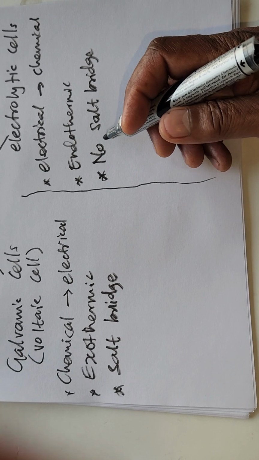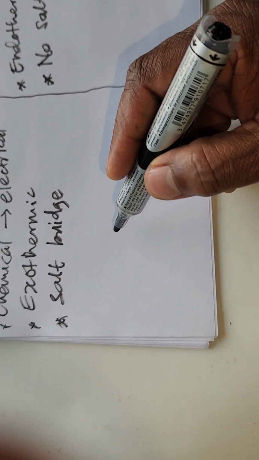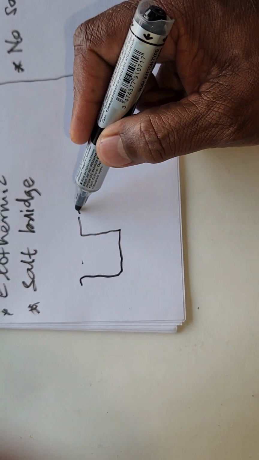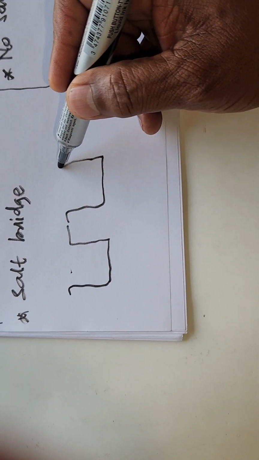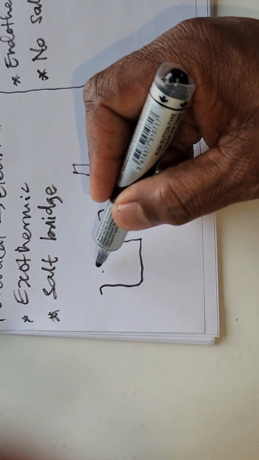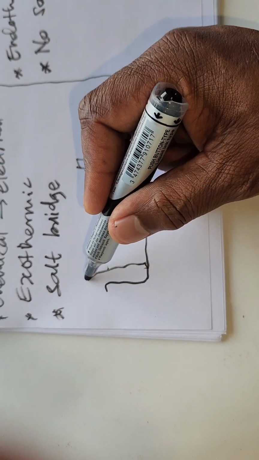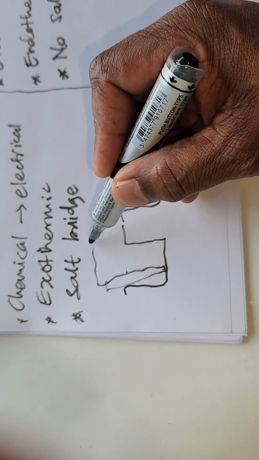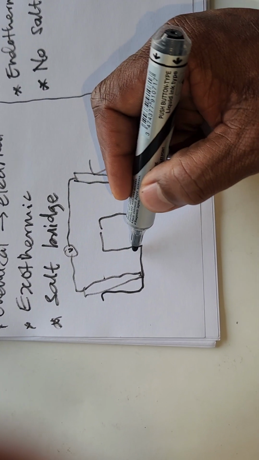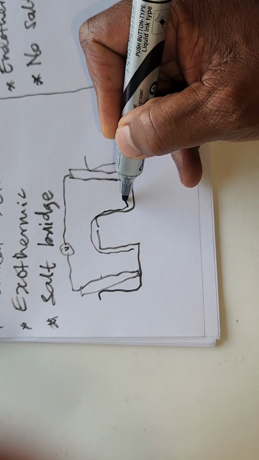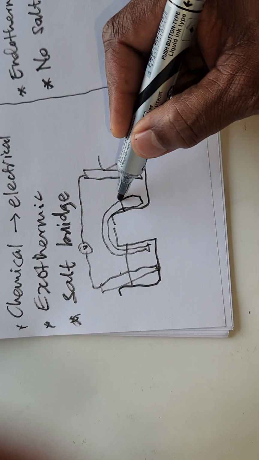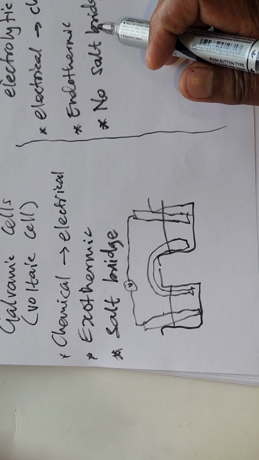If you draw it, the structure of a galvanic cell will have this format. We have two electrodes, which are solid materials, with a voltmeter connecting the wires in the external circuit, and in the internal circuit we have got our salt bridge. We have got electrolytes in each half cell.